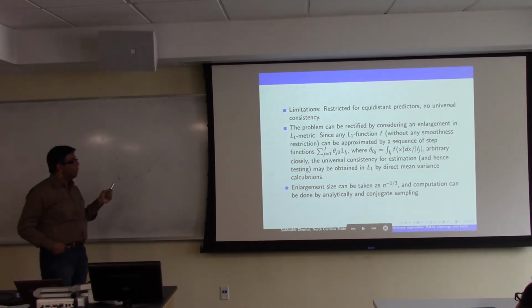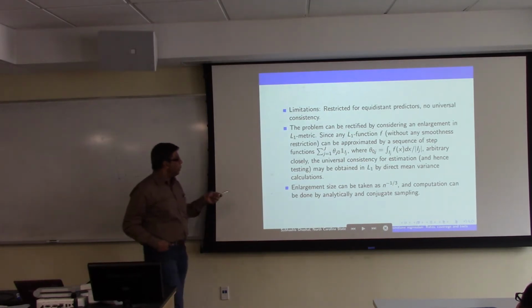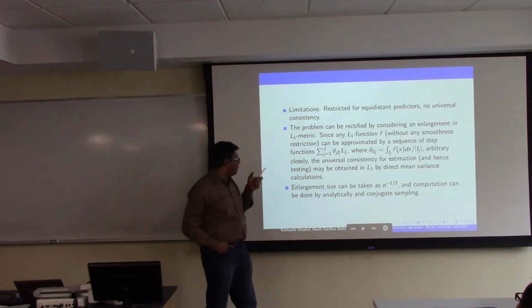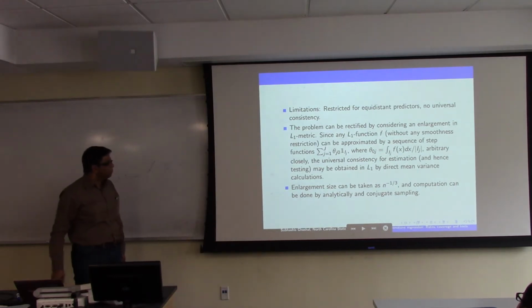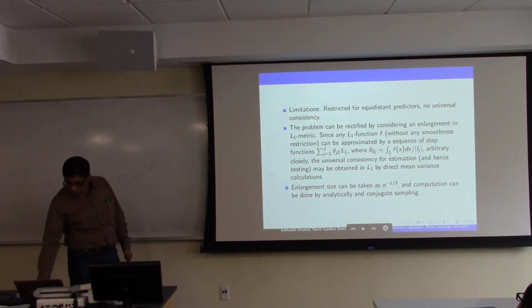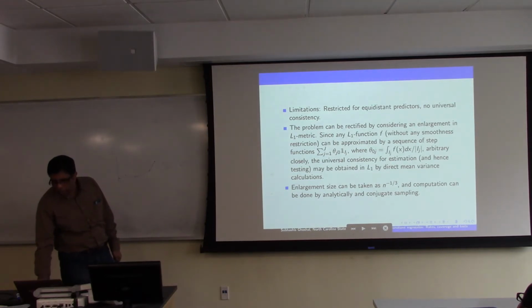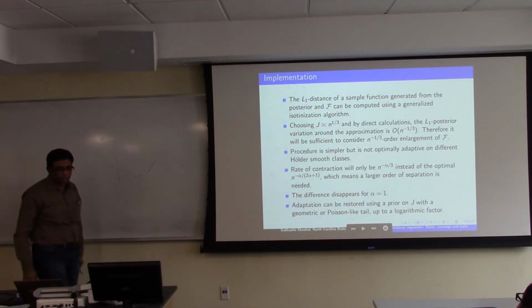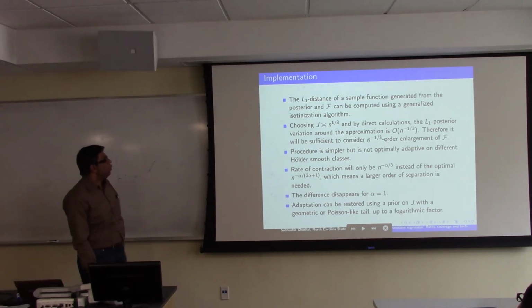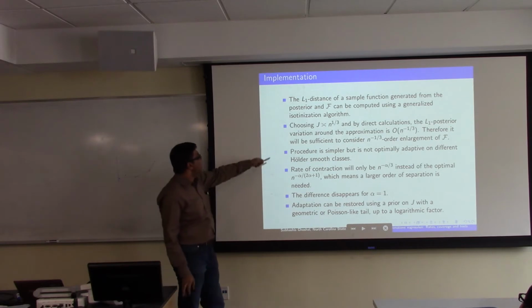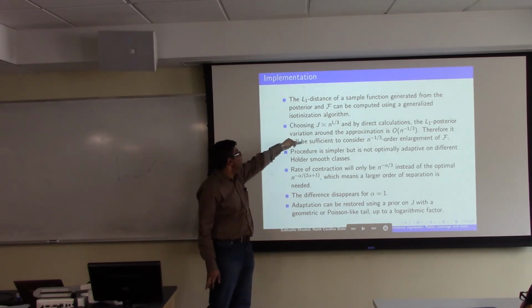And we have all the other properties he established. Particularly, we can take this enlargement of size n power minus 1, right? So this is somewhat easier to implement than his procedure, plus the optimal separation that he gets, we also get, provided we put a prior on the number of terms. If we don't put a prior, we don't get the optimal separation, but that would be much easier to implement.